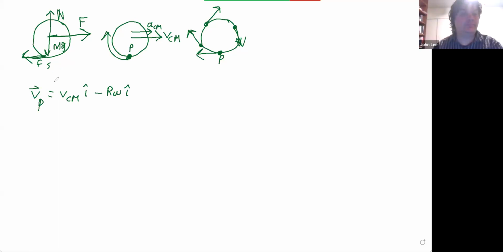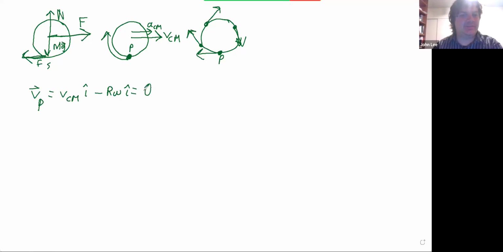So if it's rolling without slipping, then what is the angular velocity omega with respect to the normal velocity? At point P, the point that doesn't have any velocity with respect to the ground, we have V center of mass, the motion of the center of mass moving to the right, minus R omega, which is the motion pushing it around in a circle.